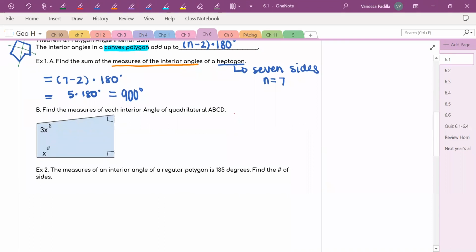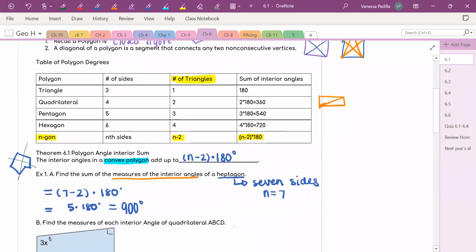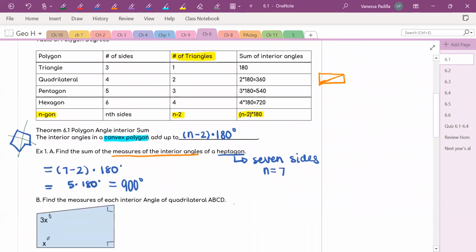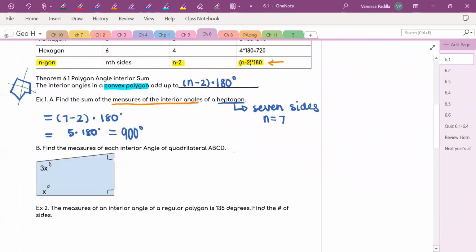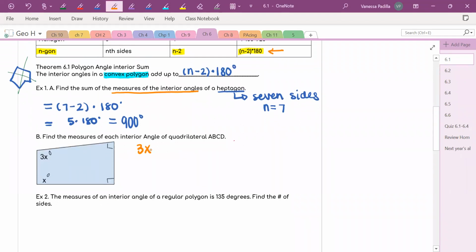All right. B, find the measures of the interior angles of a quadrilateral ABCD, the one that is given. So if it's a quadrilateral, if we look up here, it has to equal 360, or you could do it, the sides are 4, so you could plug it into this formula again, and then you would get 360. So if it has to add up to 360, we're going to go 3x plus x plus each one of these are 90, so plus 90 plus 90, and then set it equal to 360.